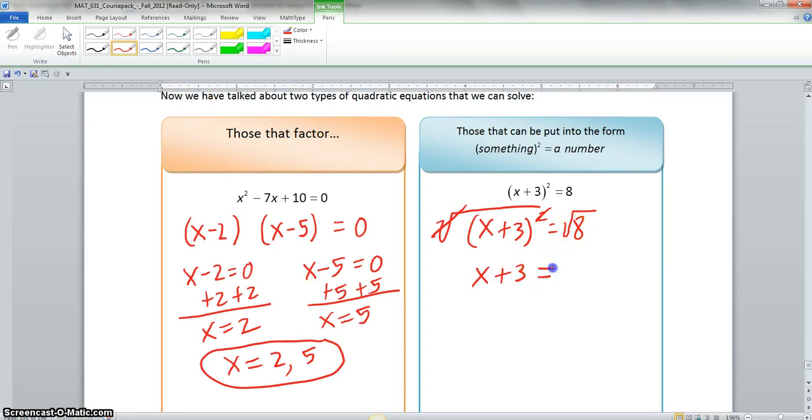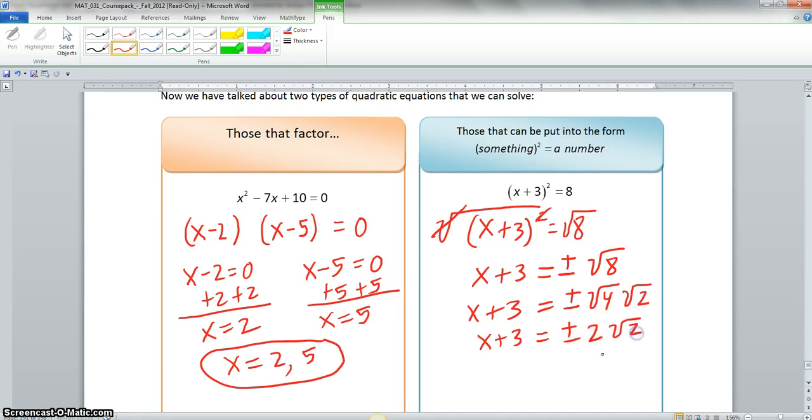Now on the other side, this square root of 8, we will be left with positive and negative of the square root of 8. Now, we could take that square root of 8, and we could take out the highest perfect square in 8, which is 4. So it would be square root of 4 times the square root of 2. So we have x plus 3 is equal to plus or minus 2 times the square root of 2.